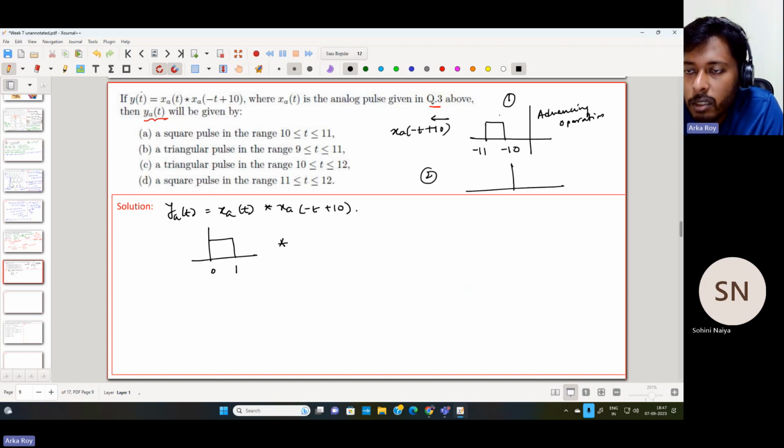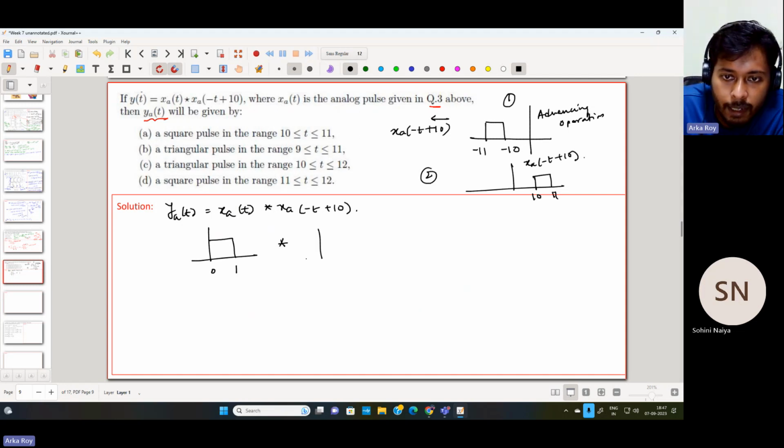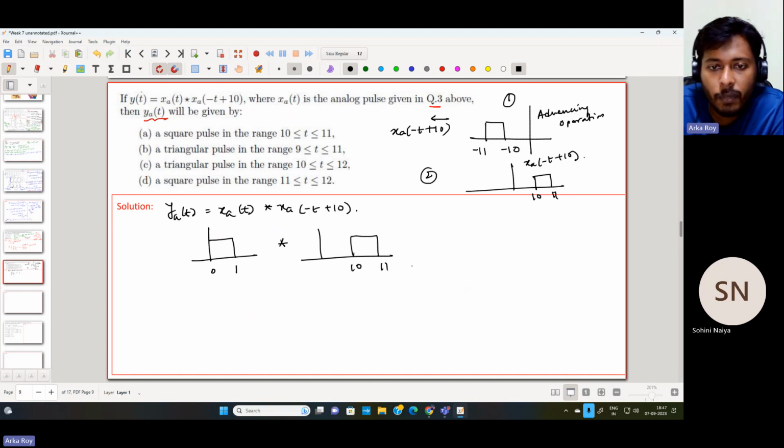Time reversal acts as a mirror. So the y-axis will act as a mirror, and whatever is on the left will be replicated on the positive half side. So here I can write it as 10 to 11. This is what xa(minus t plus 10) looks like.